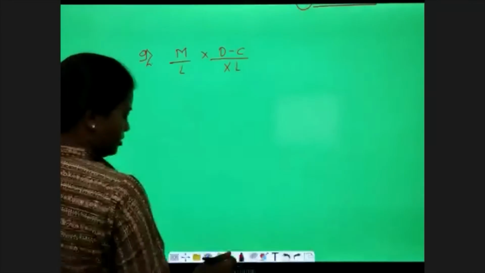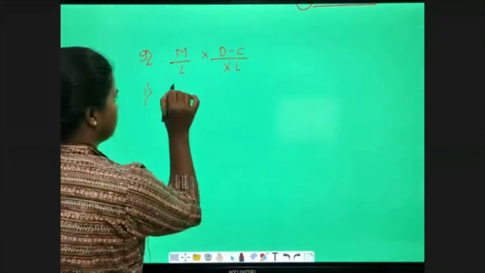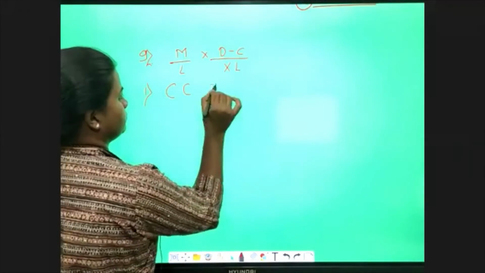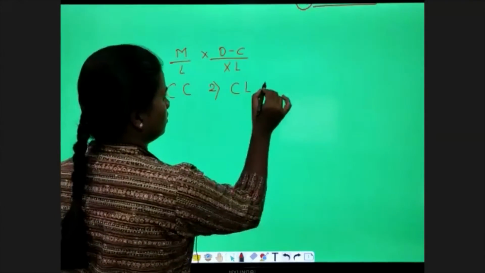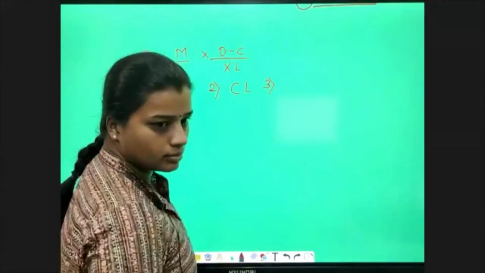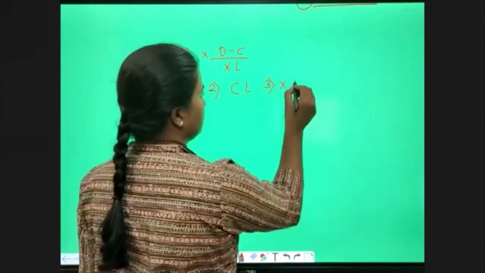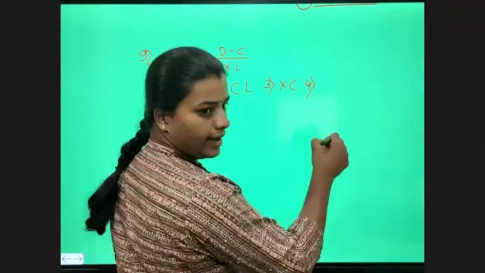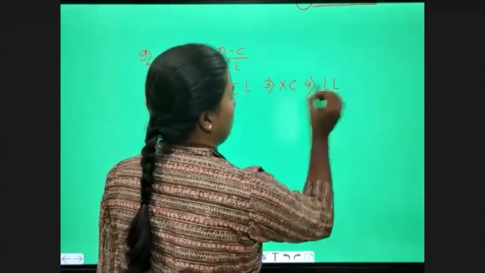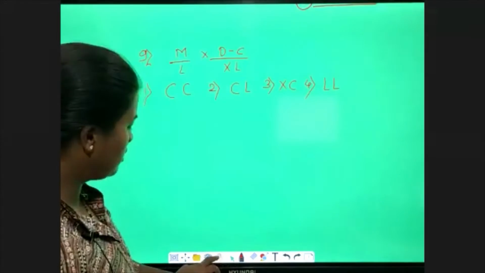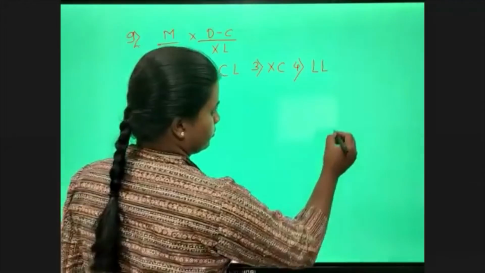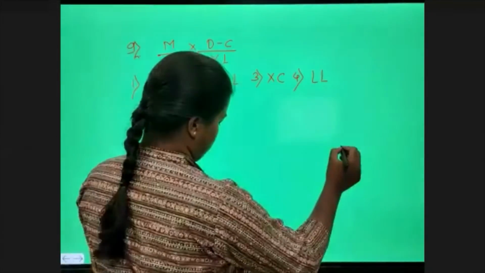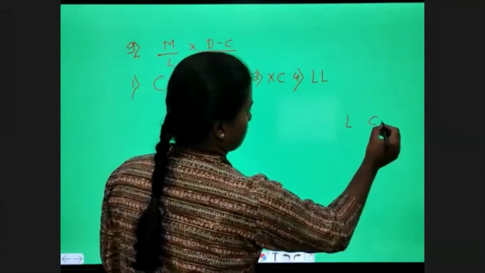Your options are C, then CL, XC, and LL. Shall I write values for you? Ma'am, CL.